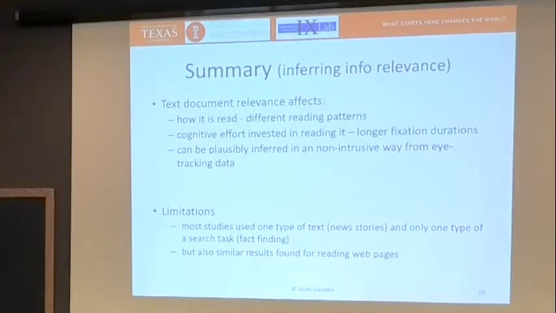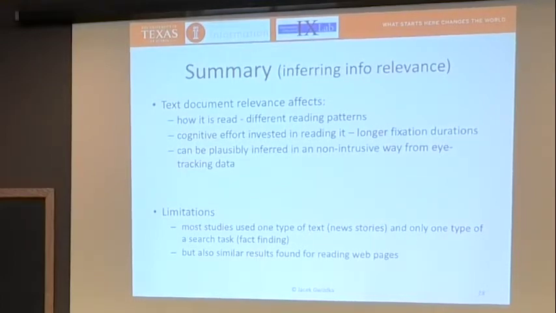I have also done experiments on more open-ended documents, where people were free to search on the web anywhere they wanted on a given topic. And similar relationships were found, especially in terms of pupil dilation in the couple of seconds before they make a decision that the document is relevant.